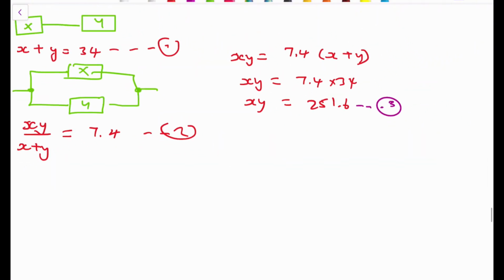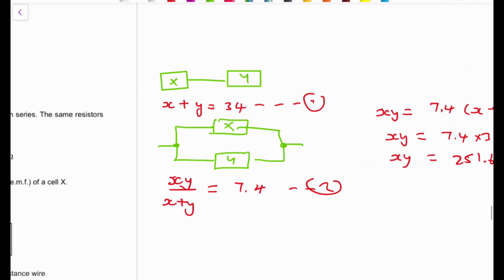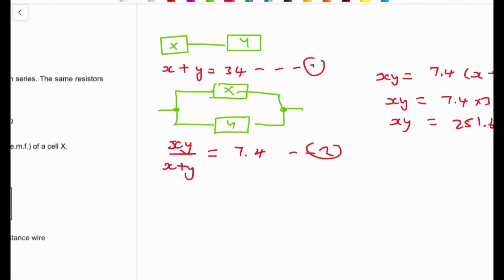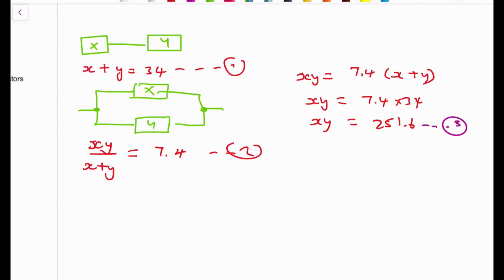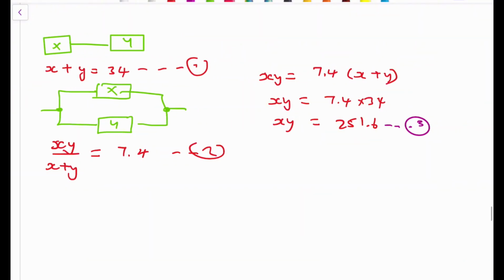I haven't done anything special. If things are in series, I add the resistances: X plus Y is 34. If things are in parallel, product over sum: XY over X plus Y is 7.4. Cross multiply both sides by X plus Y. So 7.4 times 34 is 251.6. So XY is 251.6.